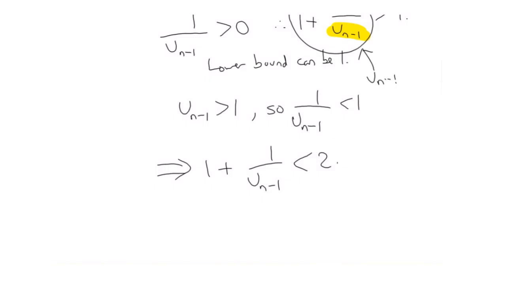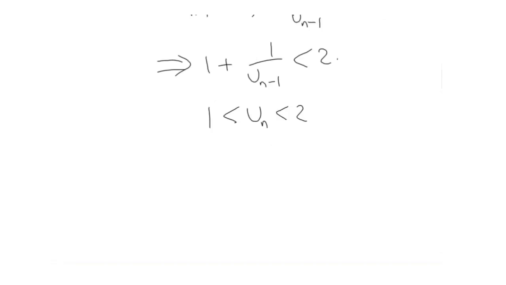Right, so all of that tells us that each term in the sequence, Un, must be less than 2, but greater than 1. And hence we now know that Un is bounded. And we already showed that it wasn't monotonic.